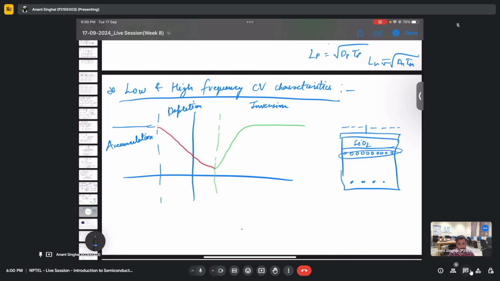So even if we apply a very high frequency in which these carriers don't have such time to come at the surface, the accumulation and depletion region will remain the same for a low or even for a high frequency. Why? Because we are caring about the majority carriers. The curve will only change because of frequency in the inversion region, because the minority carriers are responsible for the characteristics in the inversion region. Does it make sense?